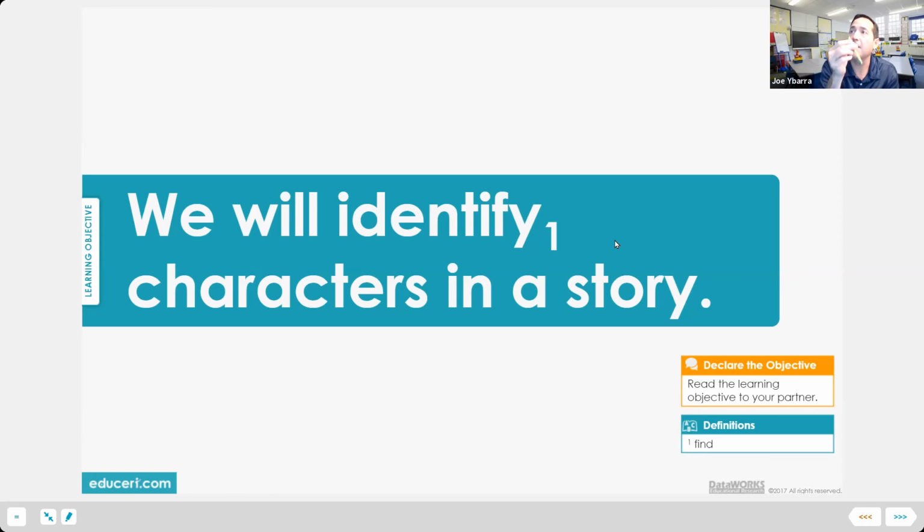I identify my pencil. I can identify the door by looking, and I find the door. I can identify where the door is. With your partners, what does identify mean? B partner, you go first. Identify means to, and now use it in your own sentence.